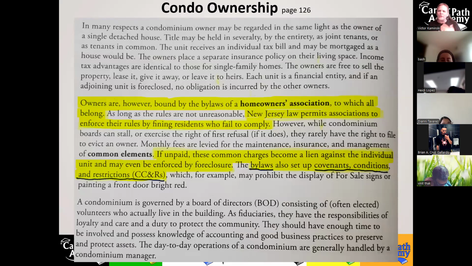I asked them, when you request the financials, what is it that you're looking for? And they say, well, we want to see how much money is in the reserve account, and we want to see if there's any lawsuits going on with the complex. And how much it costs to maintain the complex monthly.